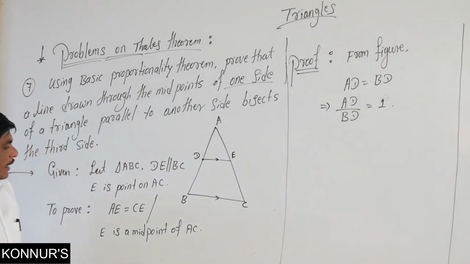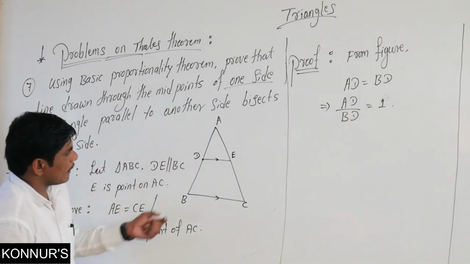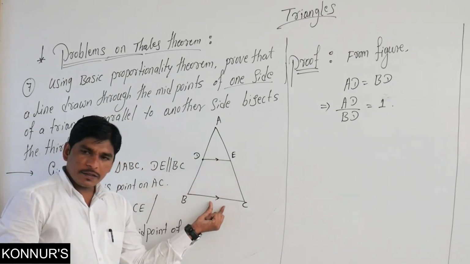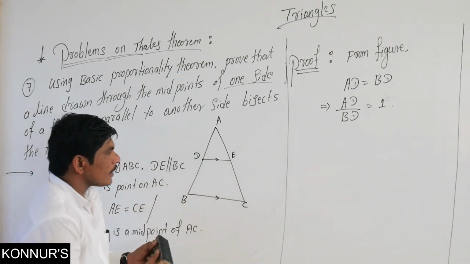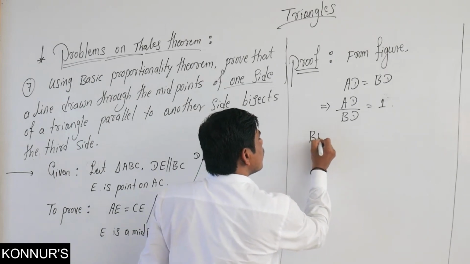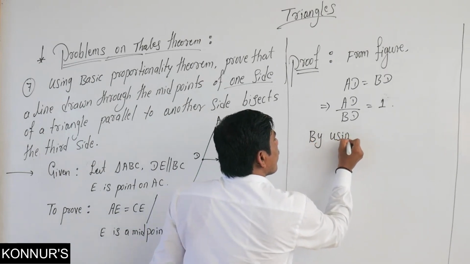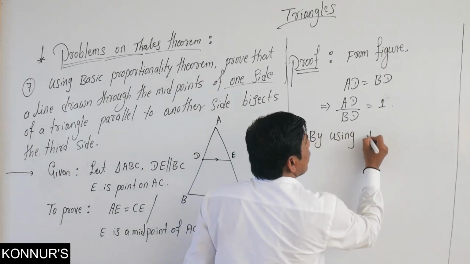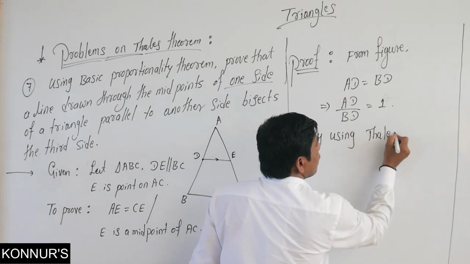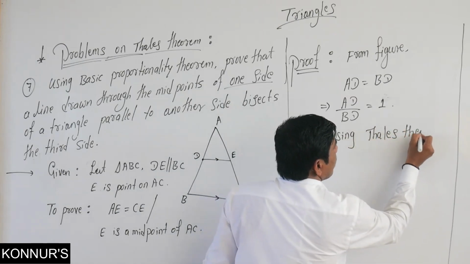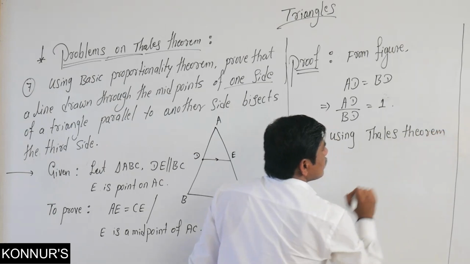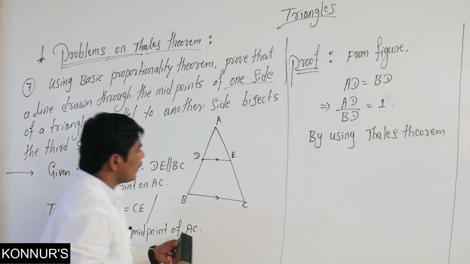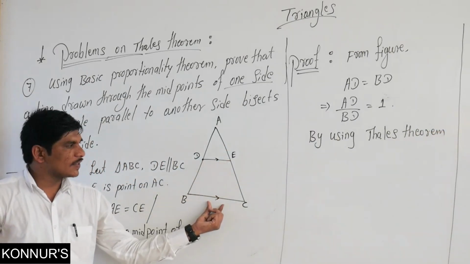And again, by using Thales theorem, DE is parallel to BC.